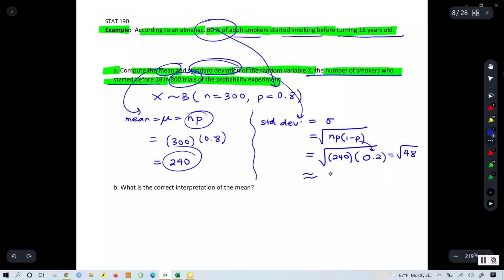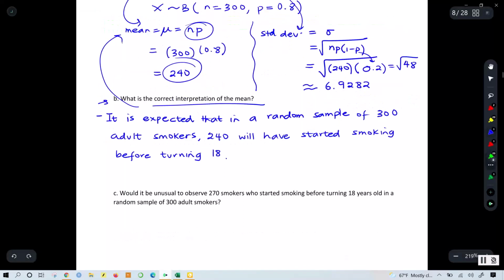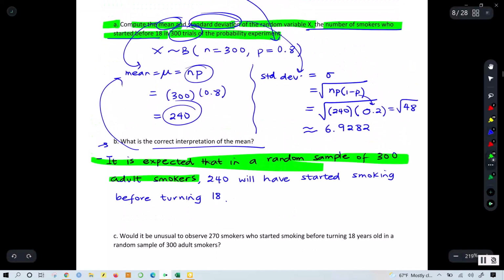The square root of 48 is approximately 6.9282. So at this point, we ask, what is the correct interpretation of the mean in this scenario? The correct interpretation is that it is expected that in a random sample of 300 adult smokers, 240 will have started smoking before turning 18.